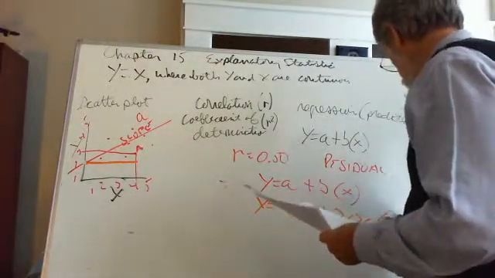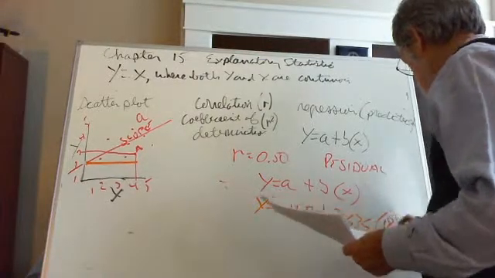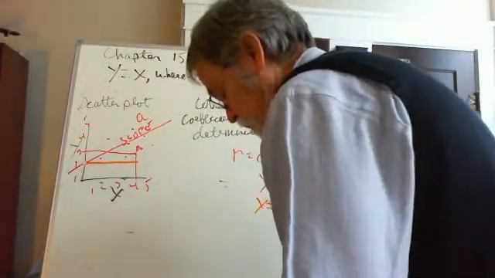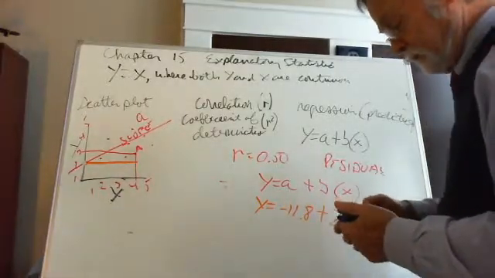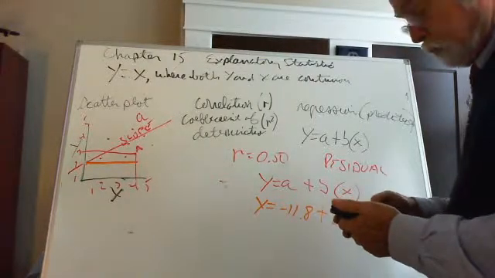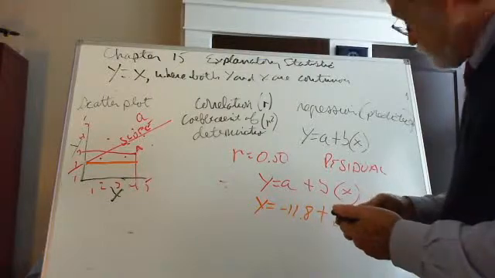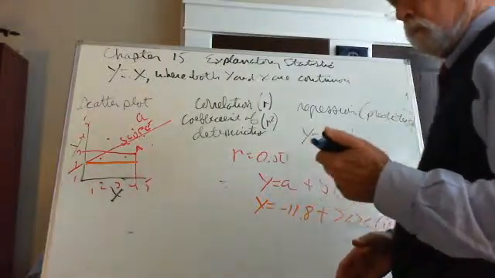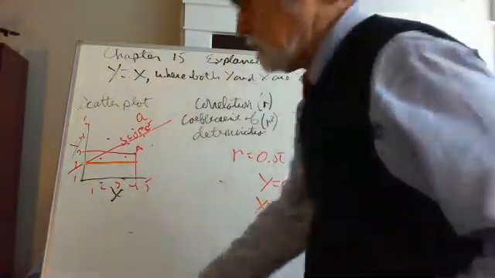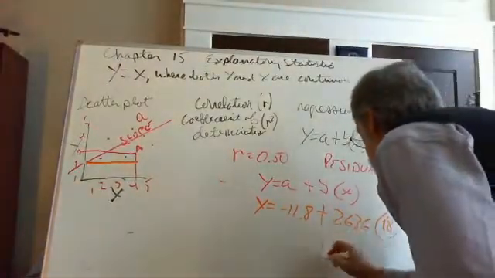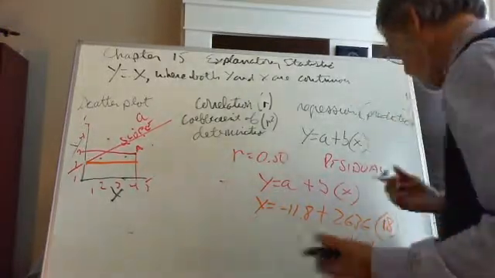If this asks you to do 18, I just put 18 in here instead of doing all the big numbers of 18,000. So we would do, let's see if I can do this here. I'm just going to round this to 2.6. 2.6 times 18 equals 46.8, more or less.